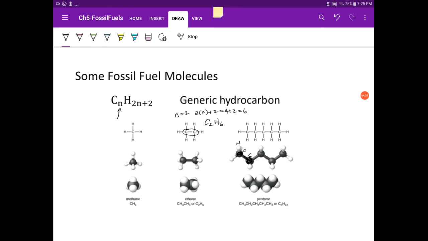And so the structure is a little more complicated, but it still follows the same pattern where once a carbon bonds to another carbon, it only leaves 3 bonds there, but this carbon, for example, it's bonded to 2 other carbons, so it only has 2 other places for hydrogen to bond. And that's true for this carbon, and this carbon. And so that ends up leading to a slightly different looking structure where the ends have 3 hydrogen, but the ones in the middle have 2.